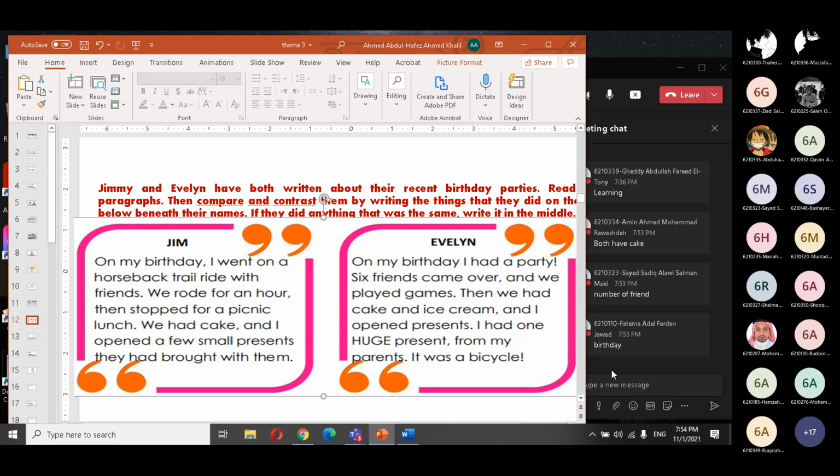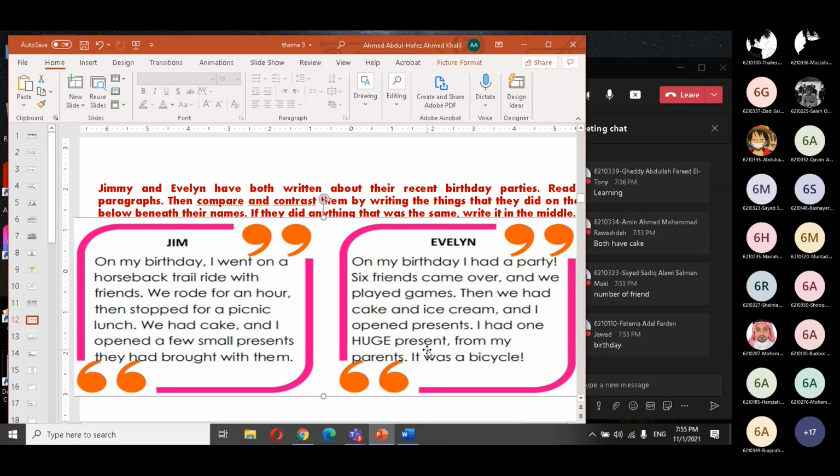What's different? There is something you haven't said, I think. Okay. Did they have presents? Yes or no? No. Yes. But why no? Yes. They have presents, but there are differences in the presents. There was a small present here, but there are presents here.